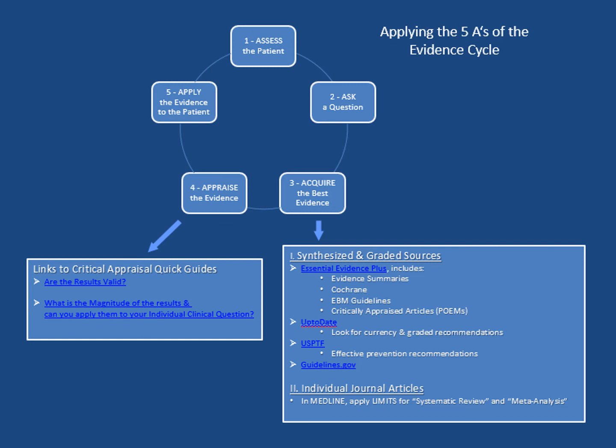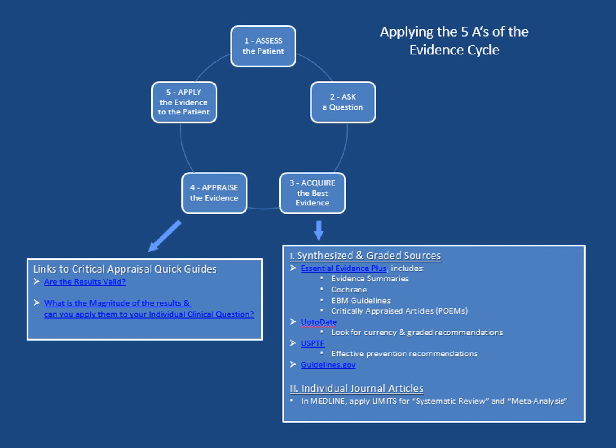This slide is meant to show you that we're on step 3, the acquire, and you can pick from synthesized and graded resources such as EE Plus that I just showed you, or UpToDate, or you can look for individual journal articles from a MEDLINE search.